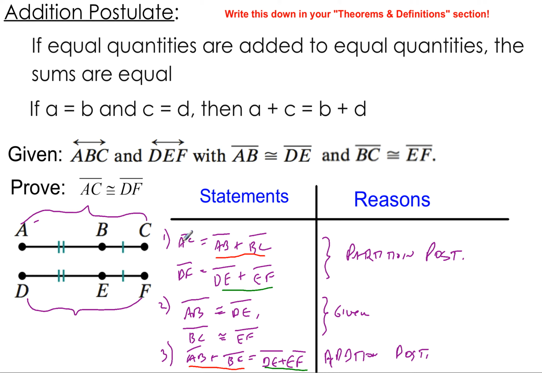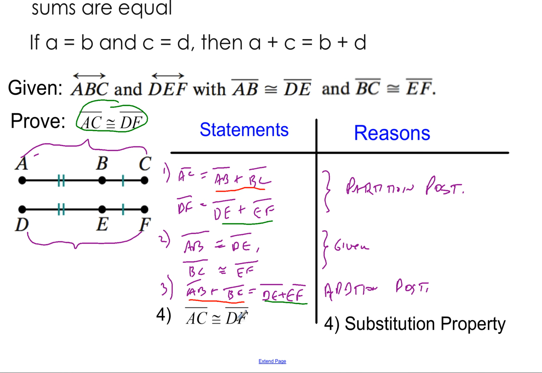Well, what does that make AC and DF? What are they to each other? Because that's what I'm being asked to prove: that AC is equal to DF. Well, if AC is equal to AB plus BC, and AB plus BC is equal to DE plus EF, and DE plus EF is equal to DF, well, that would make AC and DF congruent because of the substitution property.